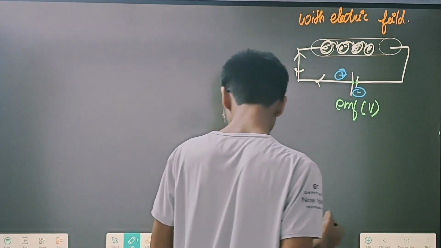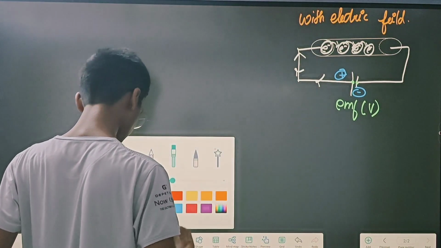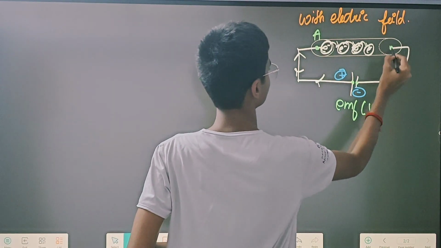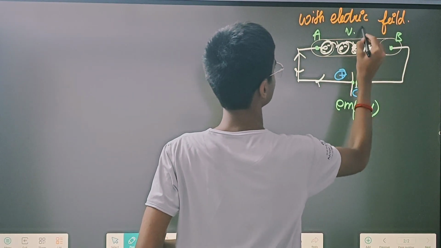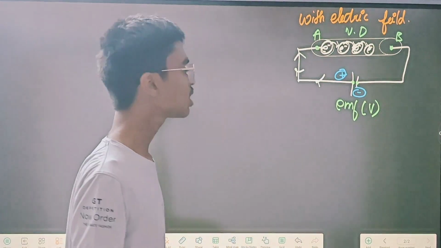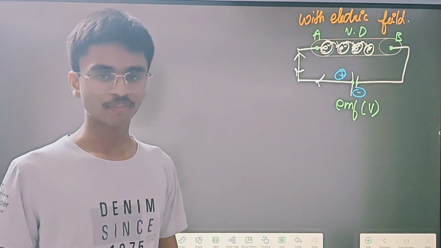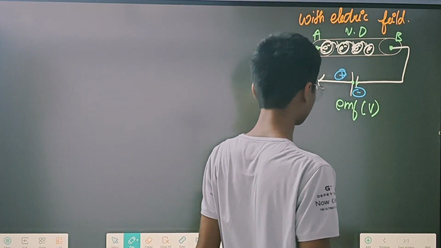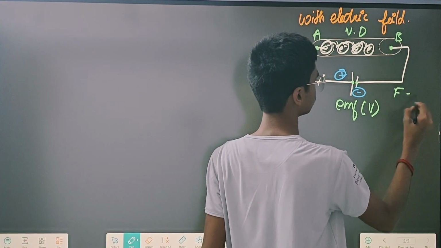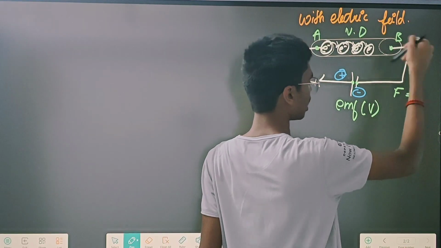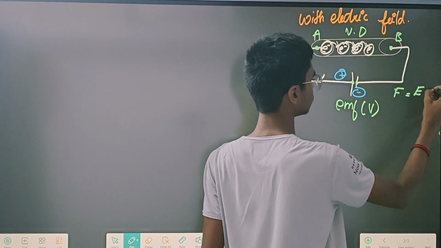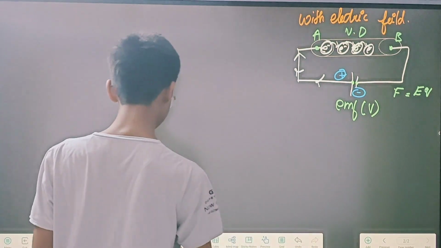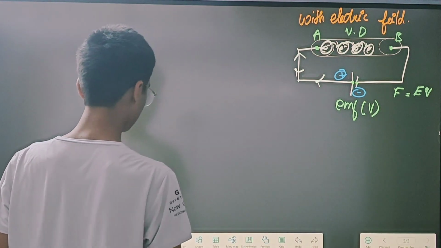So I've taken this as point A, and I'm going to take this as point B. Here you have to use a potential difference, and here you have to use EMF. So force, we already know, this collision force, all these forces are there, right? That force is equal to E into Q. This is a formula that we know, but this is applicable only in electrostatics.